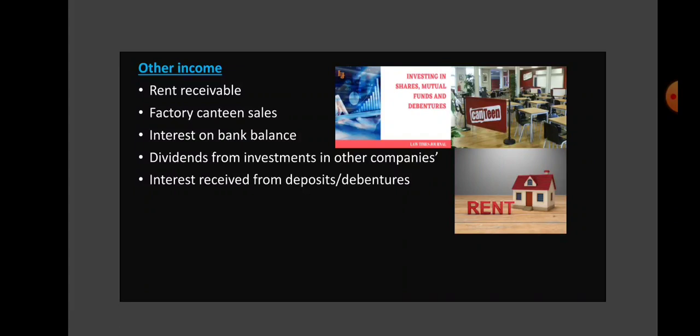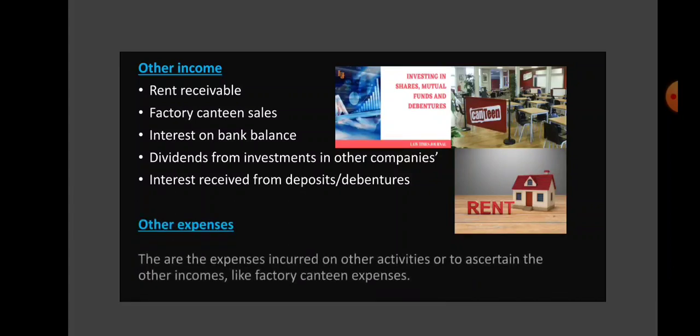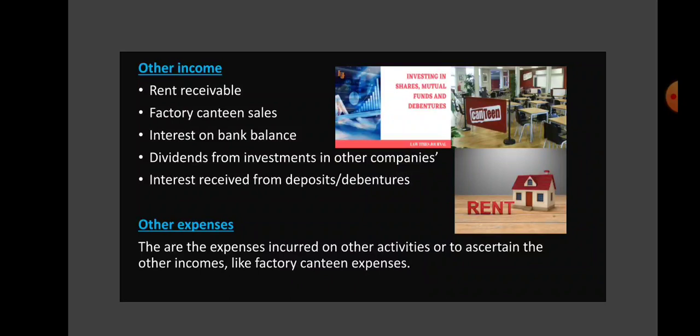So this also can be shown as investment income as a separate heading, but if we include it as other income also, it is fine. Then other expenses are mainly the expenses we incur to gain the other income, or the expenses which are incurred other than the regular trading activities.